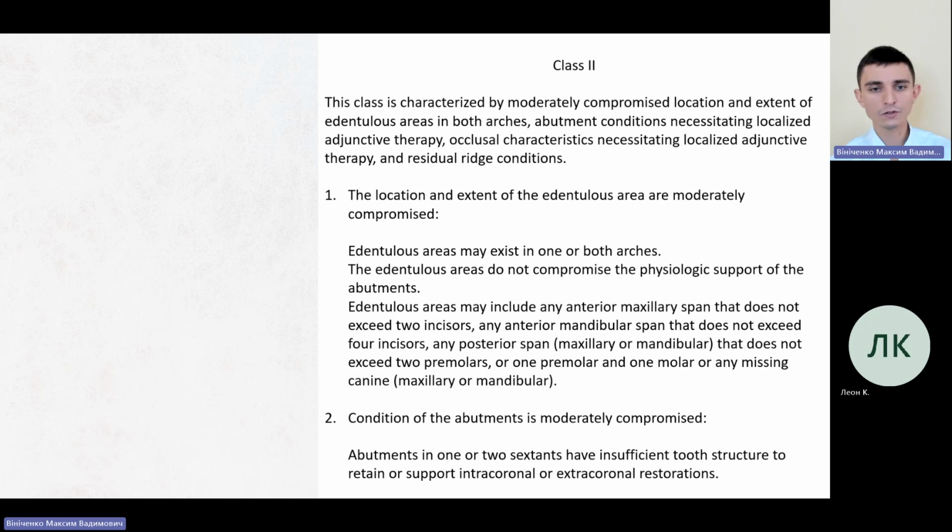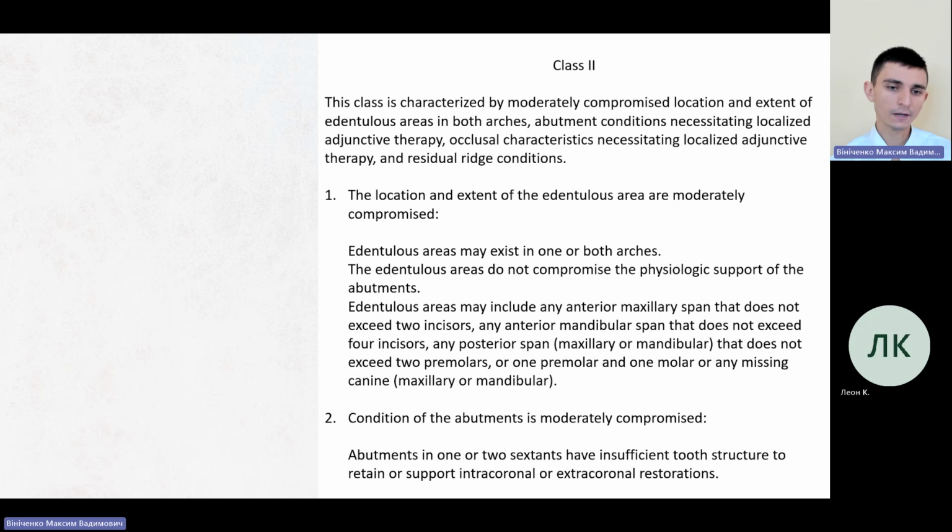The edentulous areas do not compromise the physiologic support of the abutments. Edentulous areas may include any anterior maxillary span that does not exceed 2 incisors, any anterior mandibular span that does not exceed 4 incisors, any posterior maxillary or mandibular span that does not exceed 2 premolars or 1 premolar and 1 molar of any mesenchine, maxillary or mandibular.